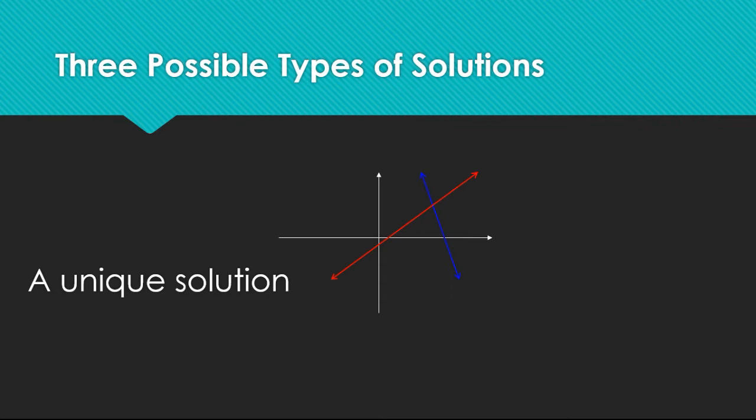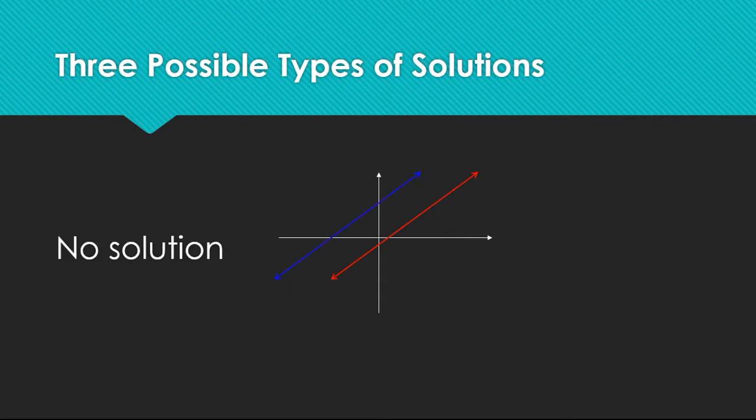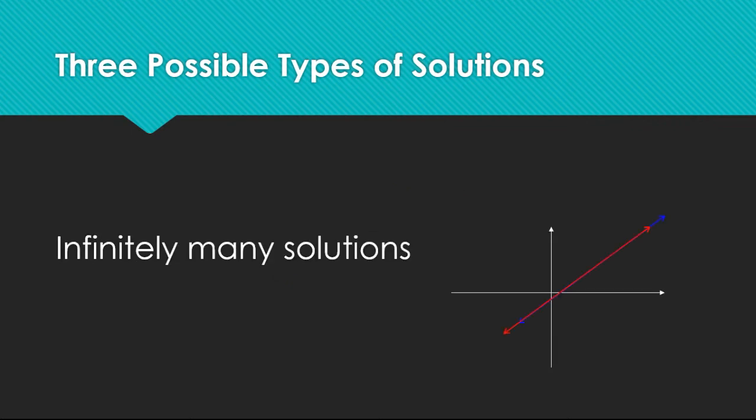Then we say the system has a unique solution. If both lines are parallel in the system of two equations, then there is no solution for that system. And if both lines coincide, then the system has infinitely many solutions.